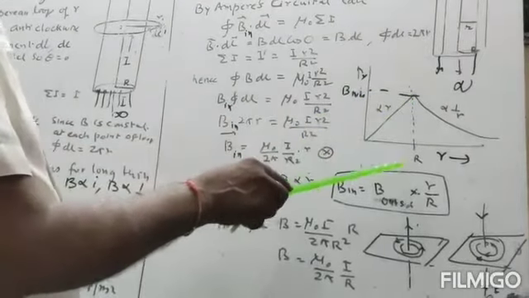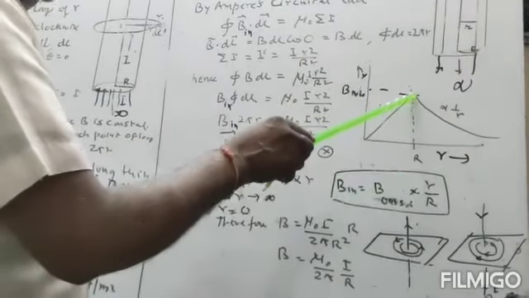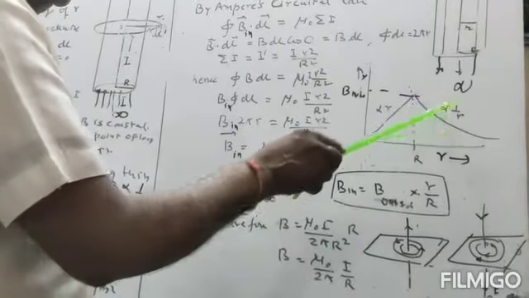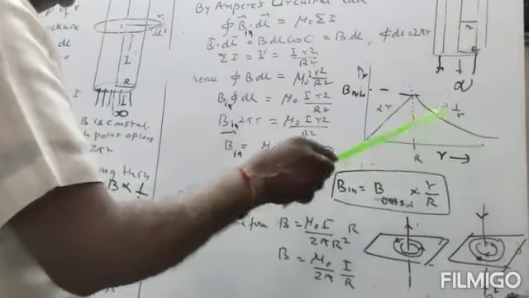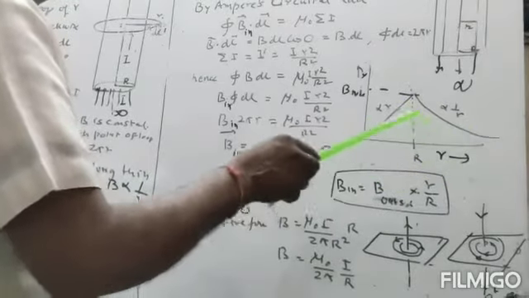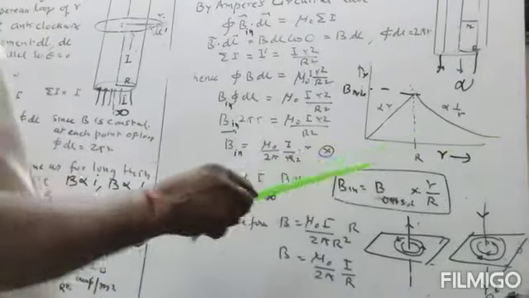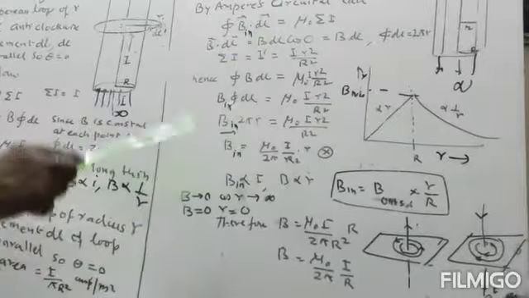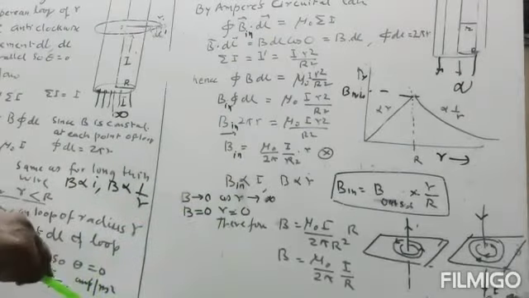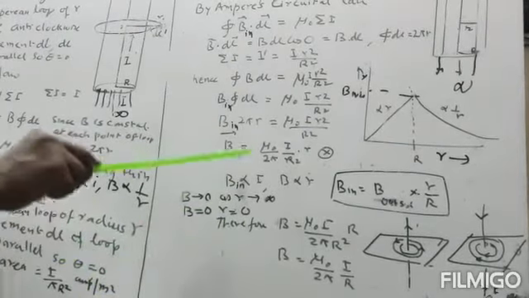And if we are going outside it, then B is proportional to 1 by r. So as distance increases, it is decreasing, and it will be a hyperbolic curve. So here we can have the graphical representation of the magnetic field.